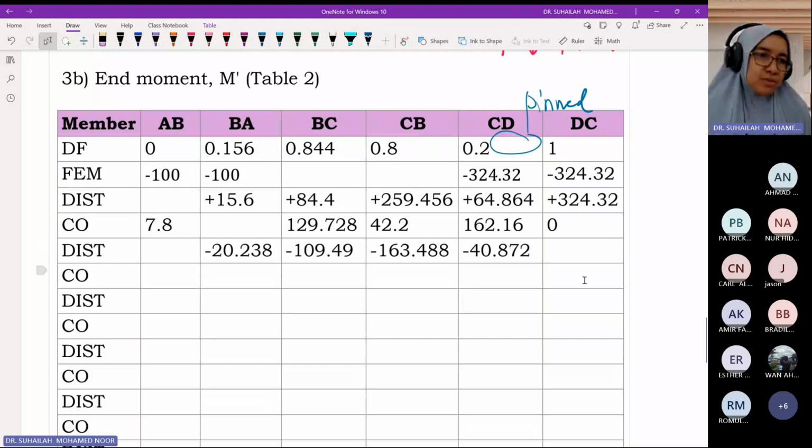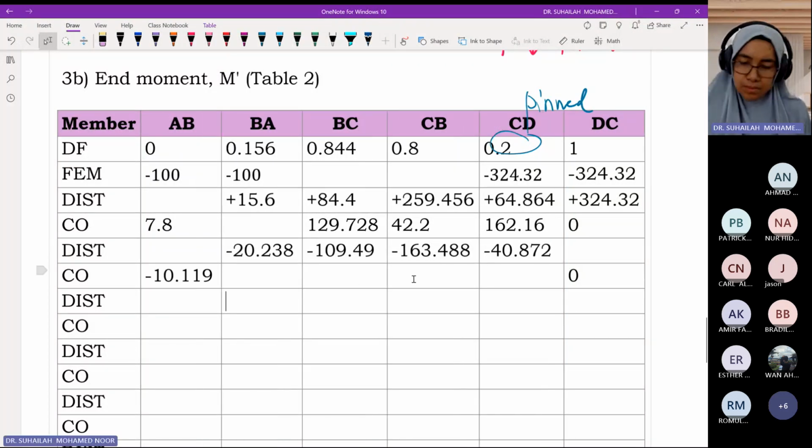All the others are divided by 2. Carry over, sign remains. 54.745. 163.488, sign remains negative, 81.744.